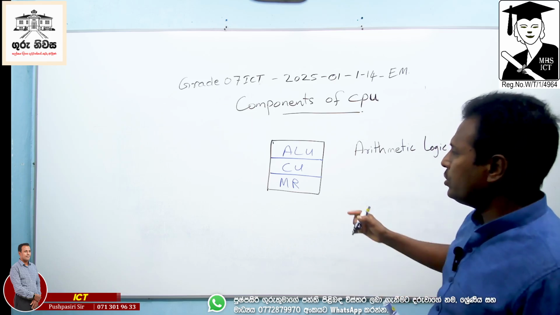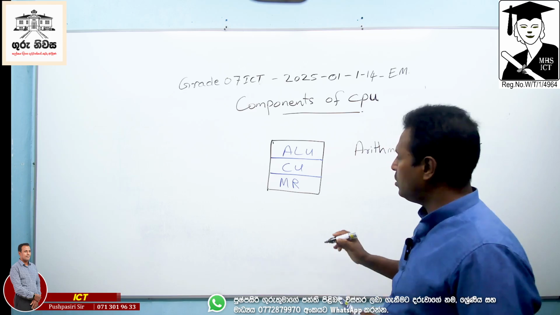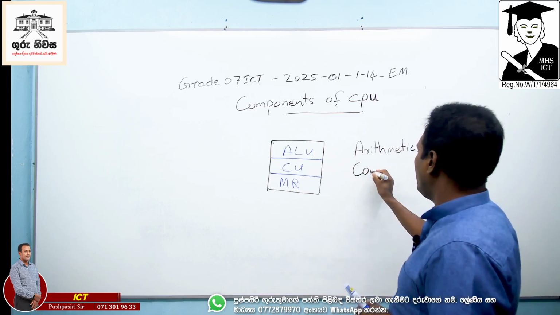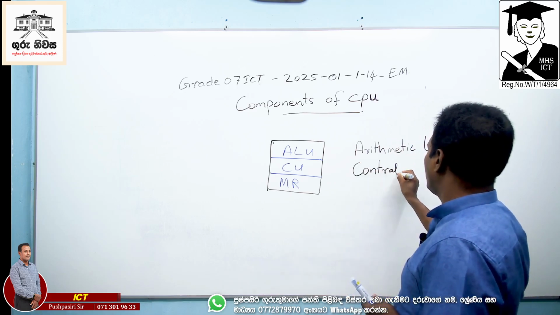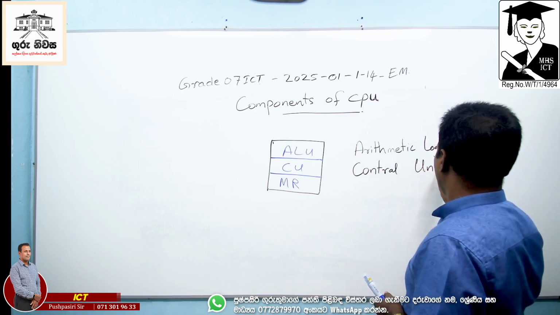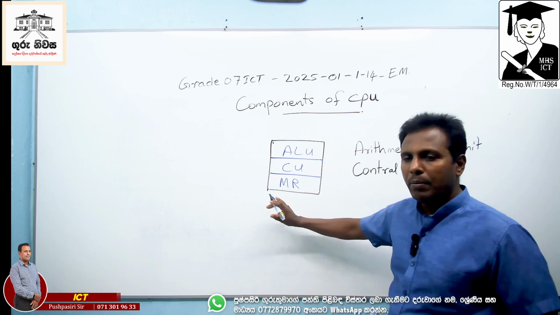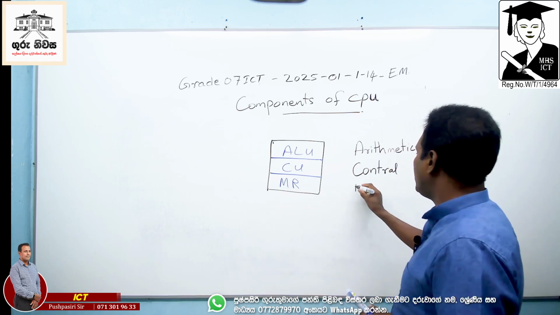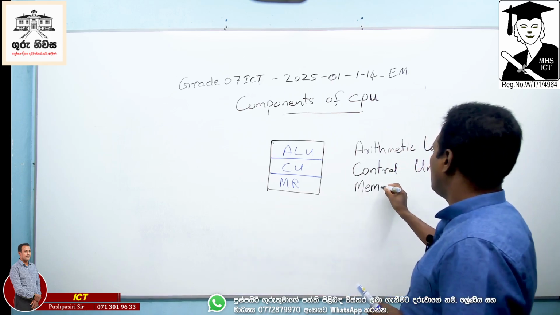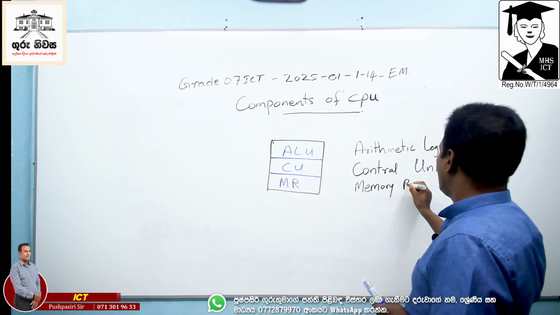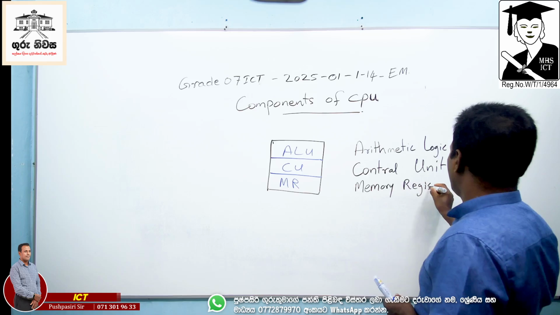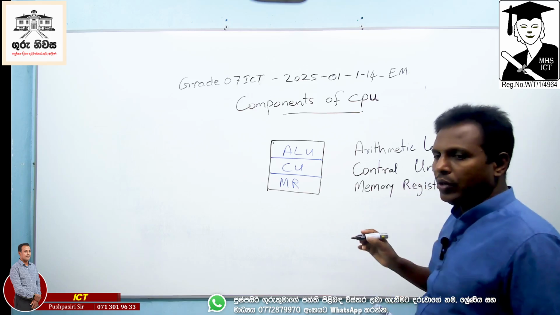So what do you mean by CU? Control unit. Then MR means memory register. Okay, can you write down them also?